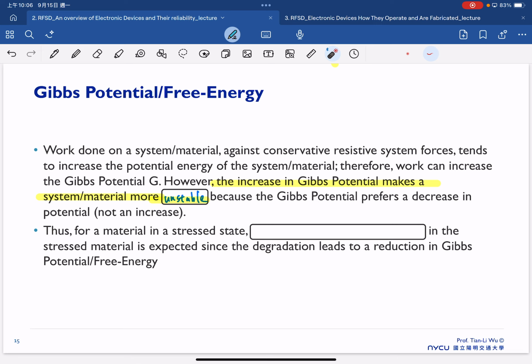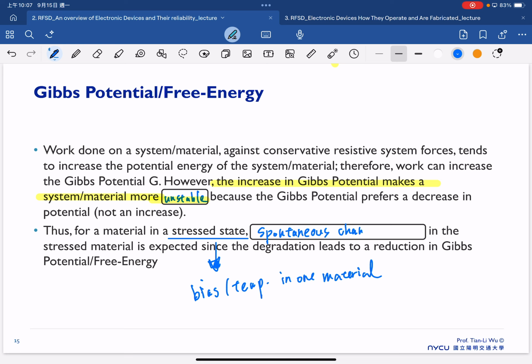So therefore, a material in the stress state, which means that we try to give a certain bias, for example, we apply the bias and temperature to one material, we can foresee a spontaneous change. And the change here means a degradation.